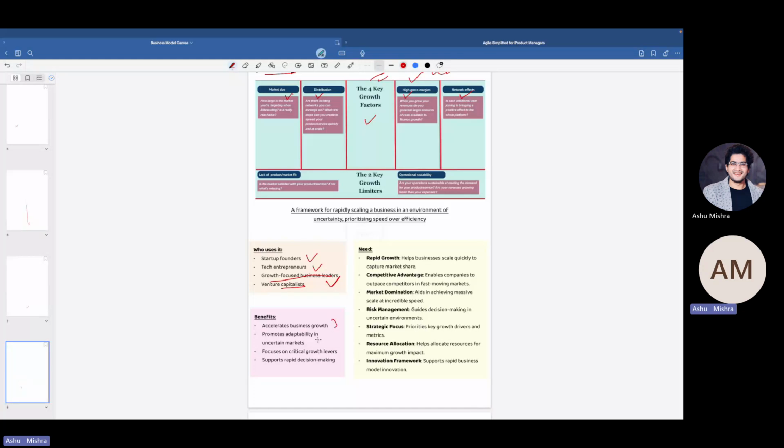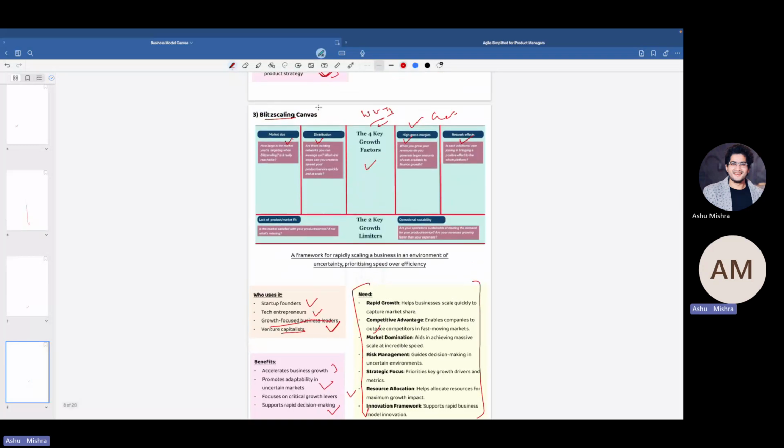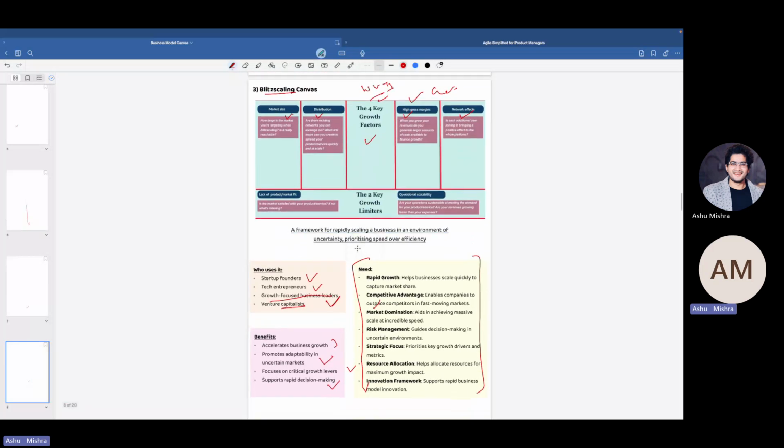It accelerates business growth, it promotes adaptability, it focuses on critical growth levers, and supports rapid decision making. So, these are the needs that are met by this business model, guys, which is rapid growth, competitive advantage, market domination, etc. So do read it, guys. This book Blitzscaling is very useful, and you will definitely enjoy reading.